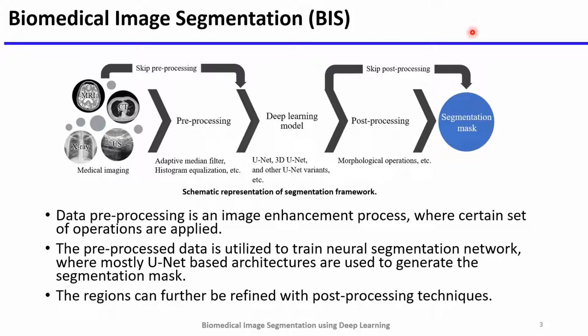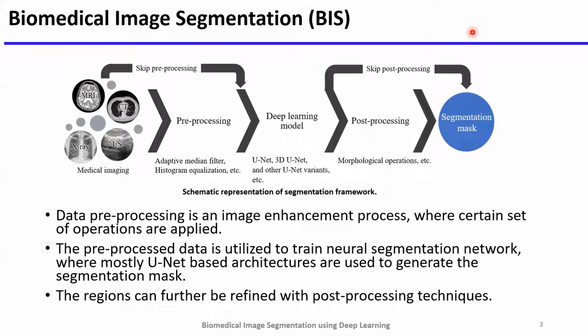Pre-processing is basically done to eliminate the several noise and artifacts available in the images. For pre-processing tasks, a lot of techniques are available, like adaptive median filters, histogram manipulation, and others. Then the pre-processed image must go to the deep learning models.